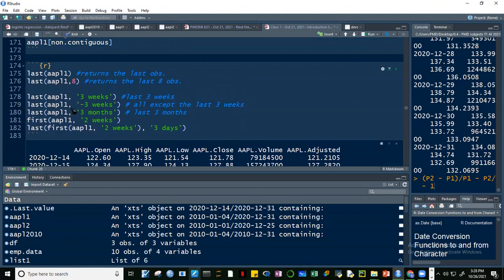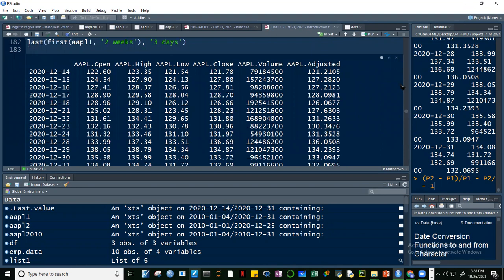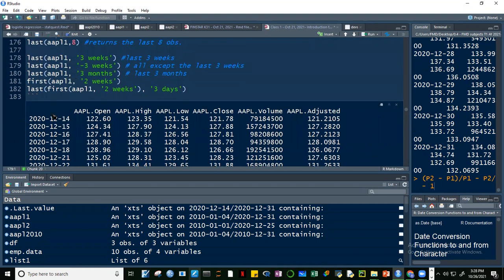So we're telling R, generate all the objects except for the last 3 weeks. That means it will include January 4, 2010, up to either December 13 or December 12 of 2020, depending on what day this is.